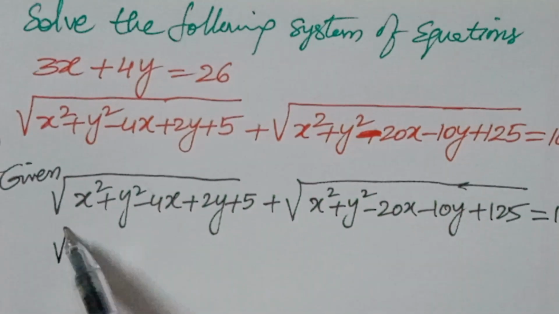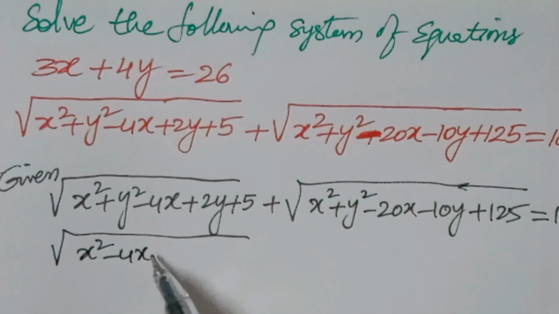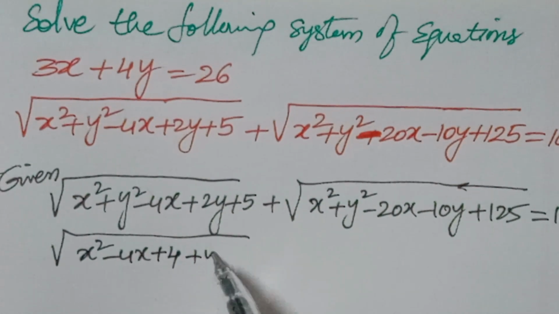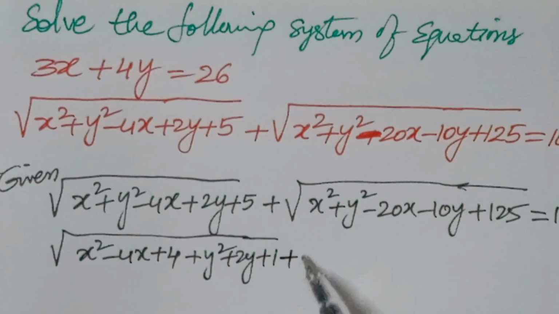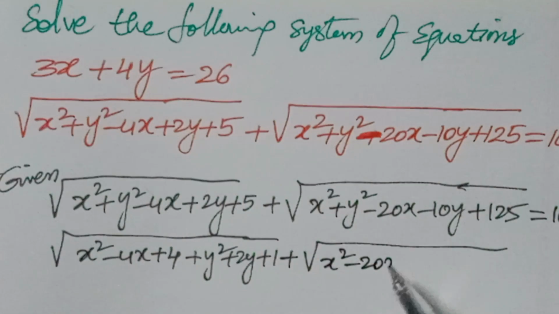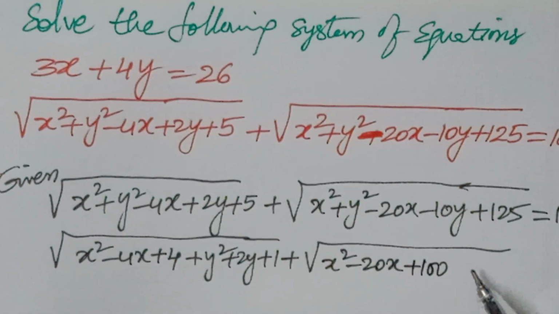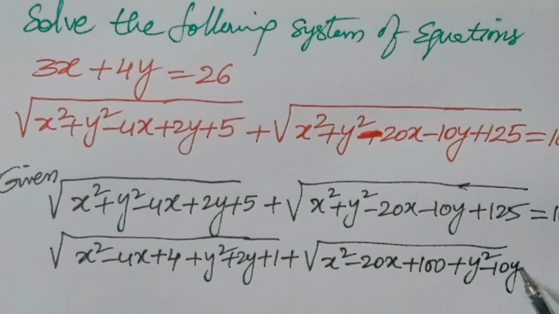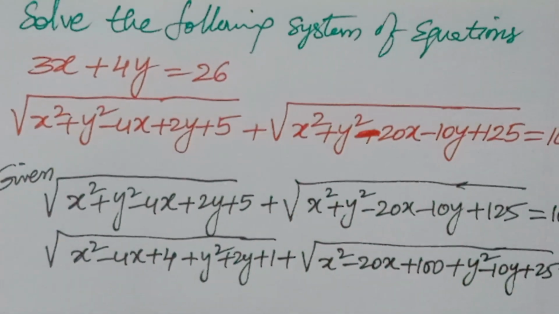Here you are going to do some adjustment: x square minus 4x plus 4 plus y square plus 2y plus 1, plus square root of x square minus 20x plus 100 plus y square minus 10y plus 25, is equal to 10.